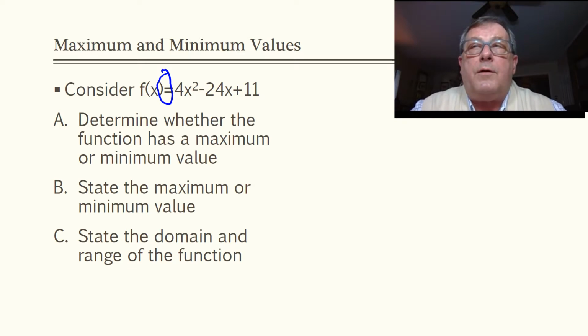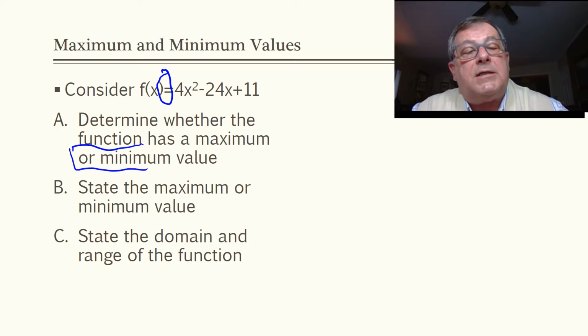Well, 4 is greater than 0. It is positive. Given that the lead coefficient in ax squared plus bx plus c is a positive number, I know that f of x is going to have a minimum value for this quadratic function.